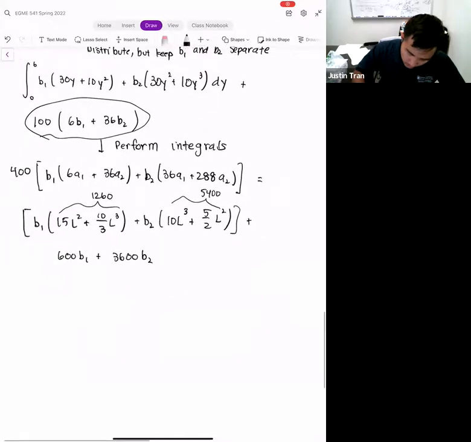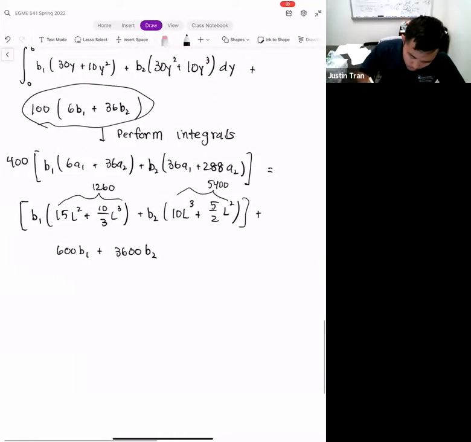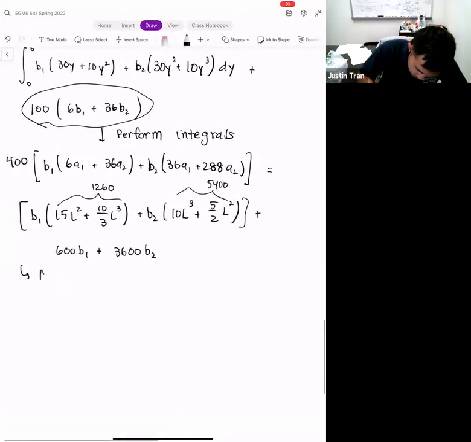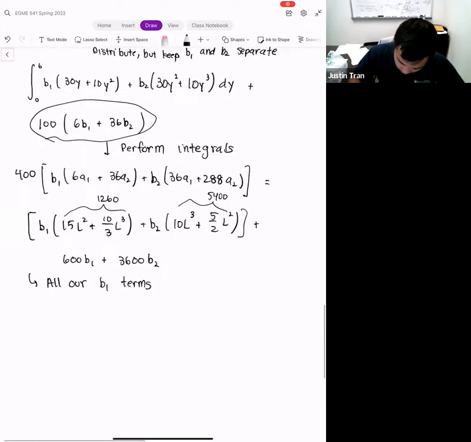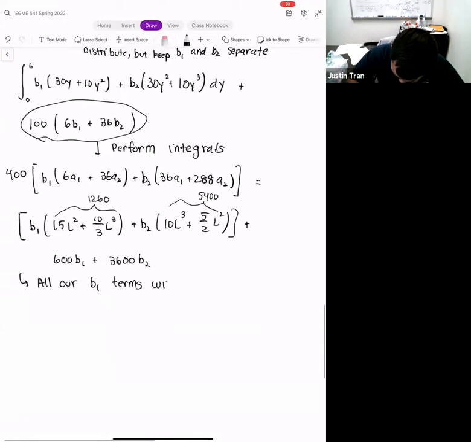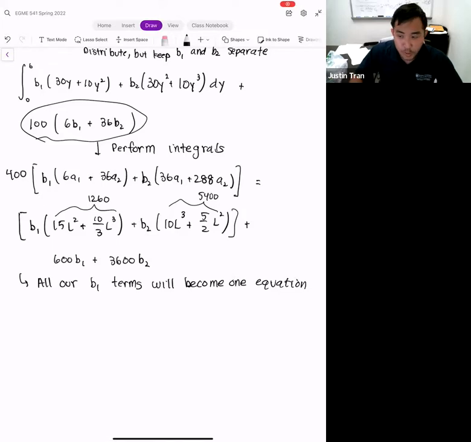The way we're going to do that is all our B1 terms will become one equation, and all our B2 terms will become the other equation.